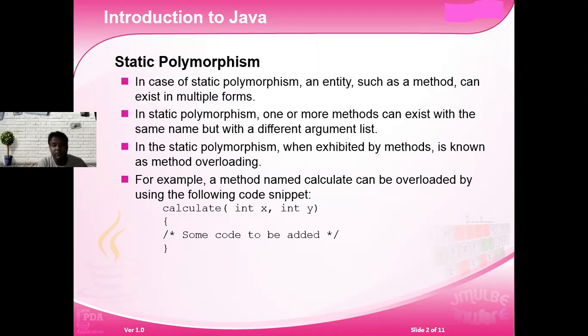In static polymorphism, an entity such as a method can exist in multiple forms. One function is present in a different form. One or more methods can exist with the same name, but their arguments are different.